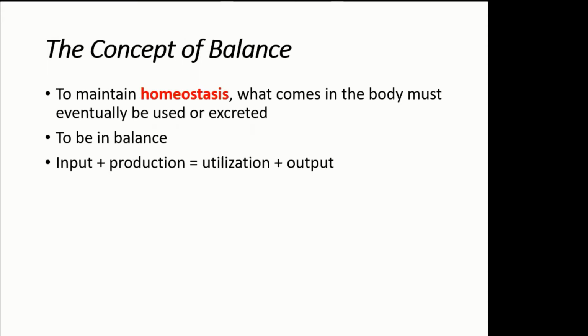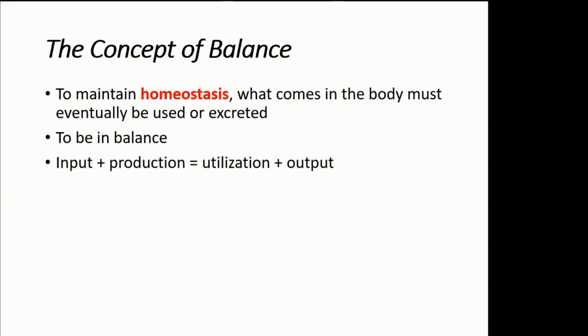But starting with the concept of balance, all we really mean when we're talking about balance regarding the kidneys is that the kidneys are important for maintaining homeostasis. Specifically, we're trying to maintain a water balance and a balance of solutes and, as we'll see, also a balance of acids and bases in the blood. The basic concept of balance is kind of just like the concept of equilibrium.